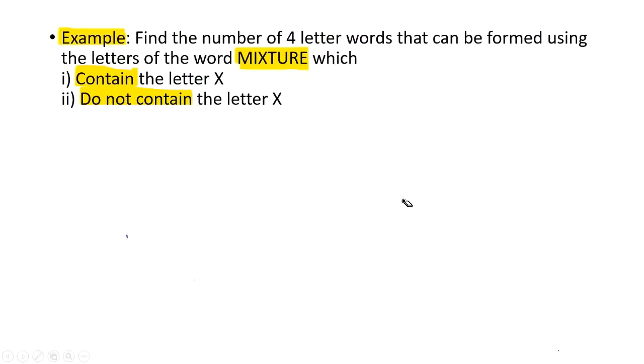Okay, now let us look into the next problem. Find the number of 4-letter permutations that can be formed using the letters of the word MIXTURE. How many of them contain X and how many of them do not contain X? Solution.